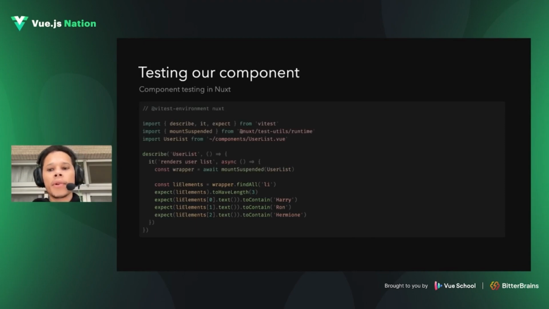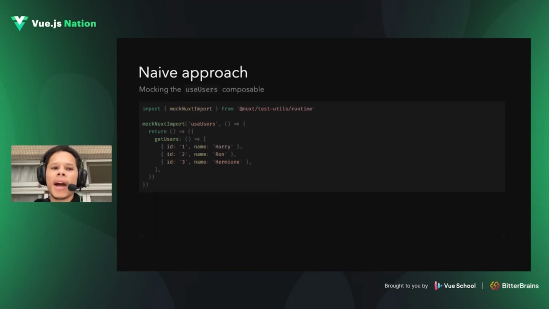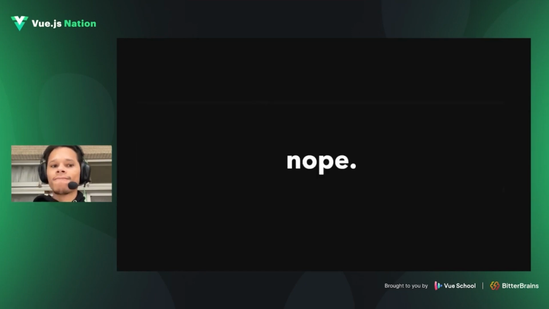So this is good, but what if I don't want to use Supabase in my test? Say I want to use an in-memory database to speed up testing in local. So I guess the naive approach would be simply mocking the useUsers composable so that it returns the list of users. That would speed up the test, right? Sounds pretty good, doesn't it?